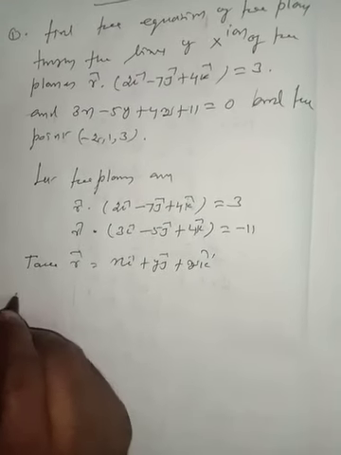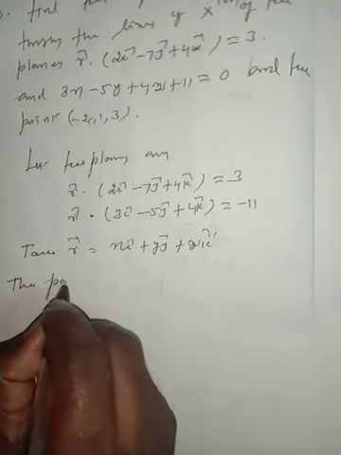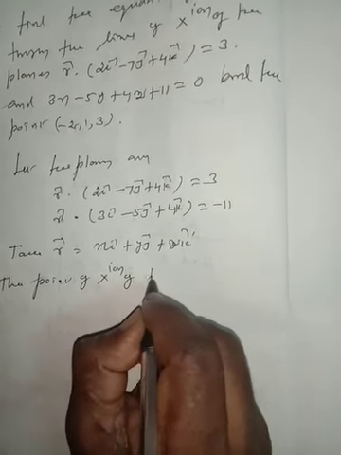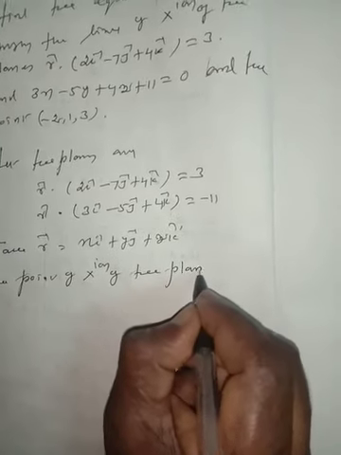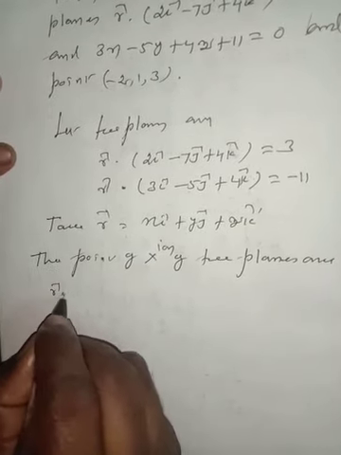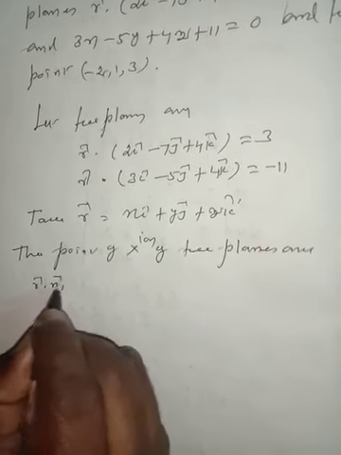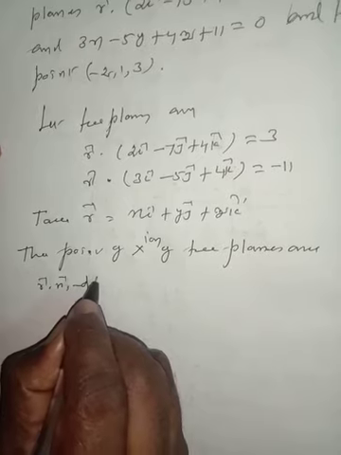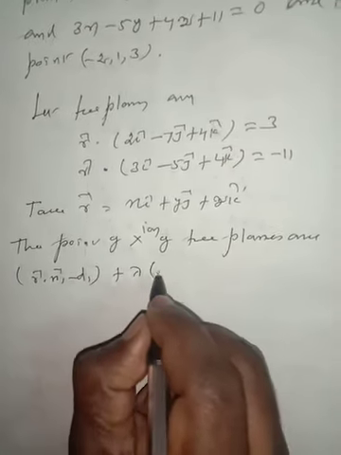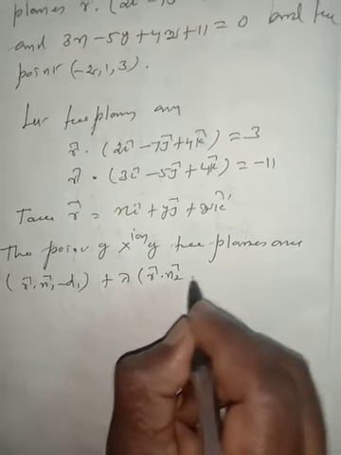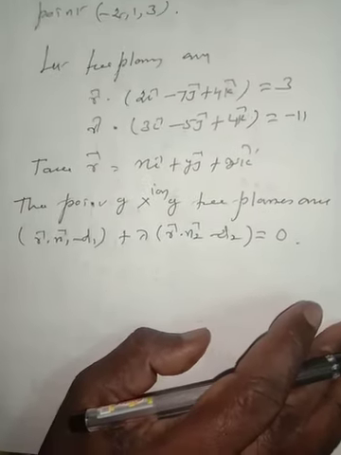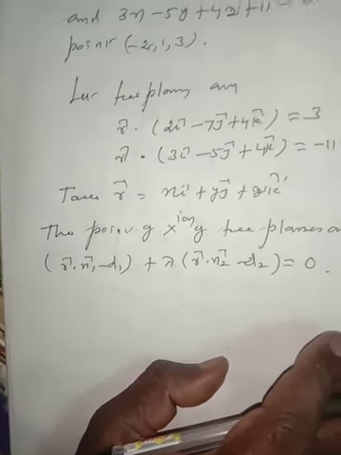The equation of the plane through the intersection of the planes is r vector dot n1 vector minus d1 plus lambda into r vector dot n2 vector minus d2 is equal to 0. This is the condition for the plane through the intersection of the two planes.